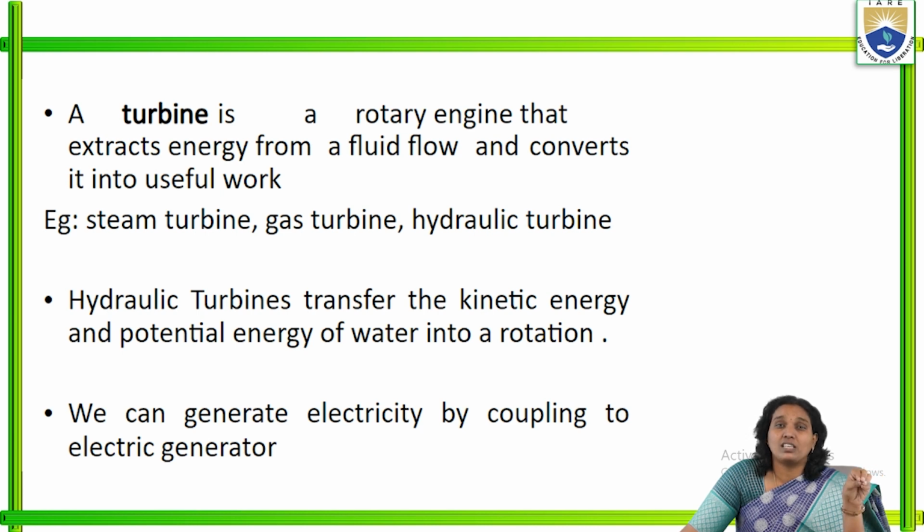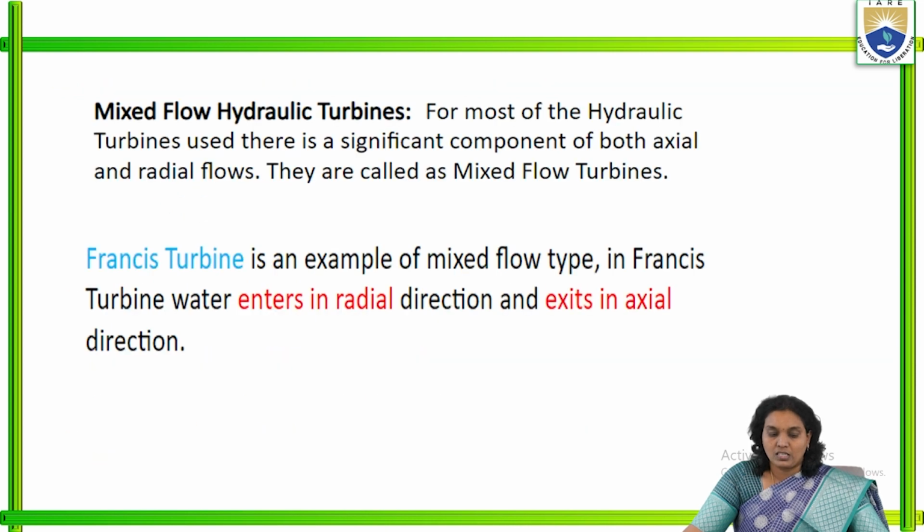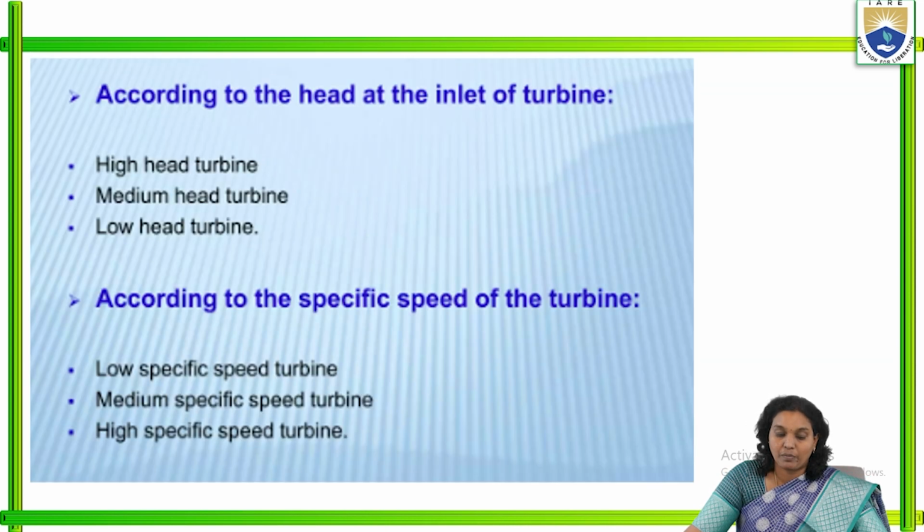So these machineries help in the conversion of energy, where one form of energy is converted into another form of energy. The classifications are based on different ways: based on flow path, based on working principle, according to the head and inlet of the turbine, and according to the specific speed.